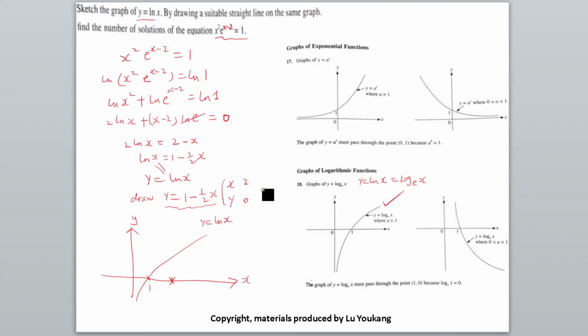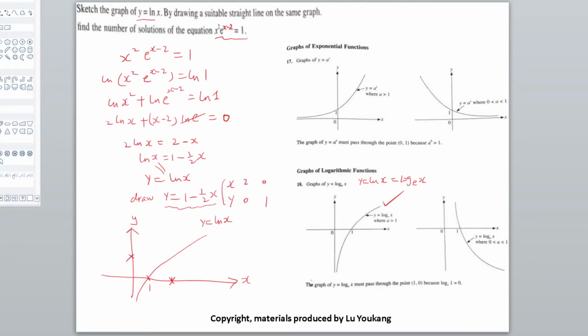So when x equals to 2, my y equals to 0. And when my x equals to 0, my y is equals to 1. So actually I can plot these 2 points, and then I link these 2 points up.